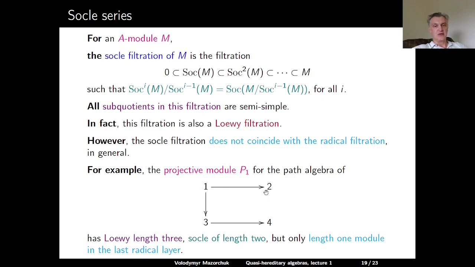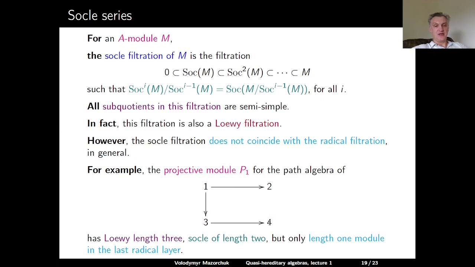So we have a path to 2, just an arrow to 3, and then a path to 4, which consists of the composition of the arrow to 3 and the arrow from 3 to 4. This projective module has Loewy length 3, because the radical of this module consists of 2, 3, and 4, and the second radical just of 4. So the Loewy filtration has length 3.